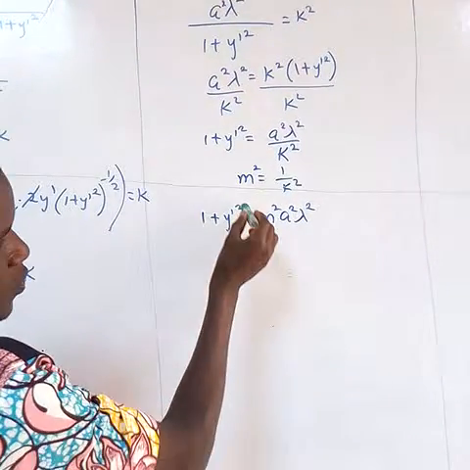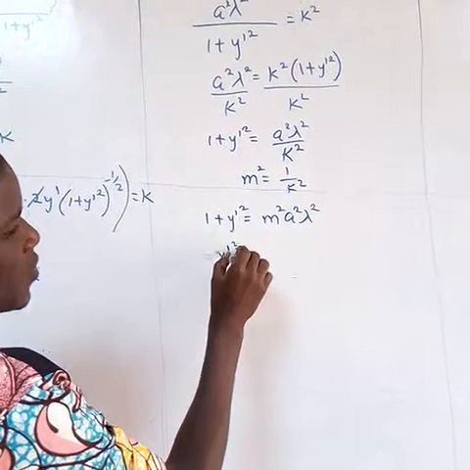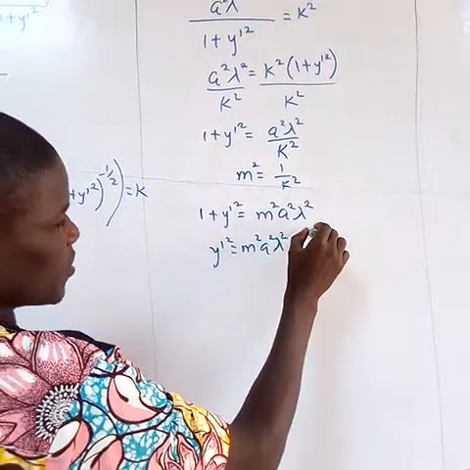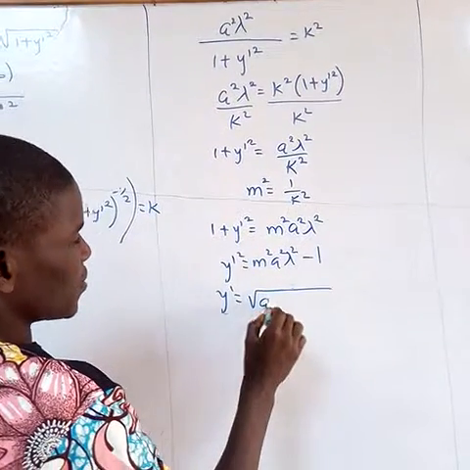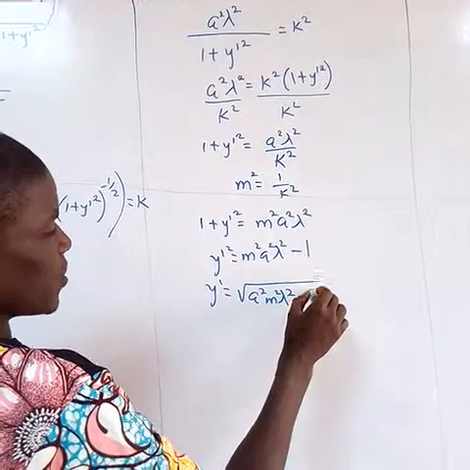So what we want to get is this y prime. So our y prime squared will be equal to m squared a squared lambda squared minus 1. So our y prime will be equal to square root of, let's write this as, a squared m squared lambda squared minus 1.